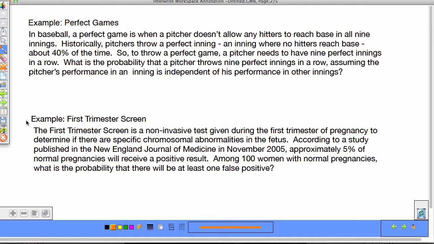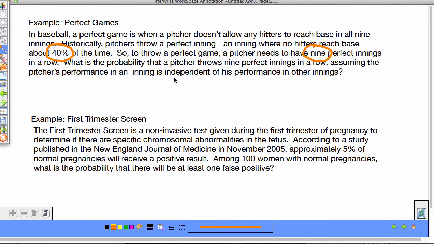Historically, pitchers throw a perfect inning, an inning in which no hitters reach base, about 40% of the time. So to throw a perfect game, you need to have 9 perfect innings. What is the probability that a pitcher throws 9 perfect innings, assuming that their performance is independent of their performance in other innings? So one inning has no effect on the next inning.